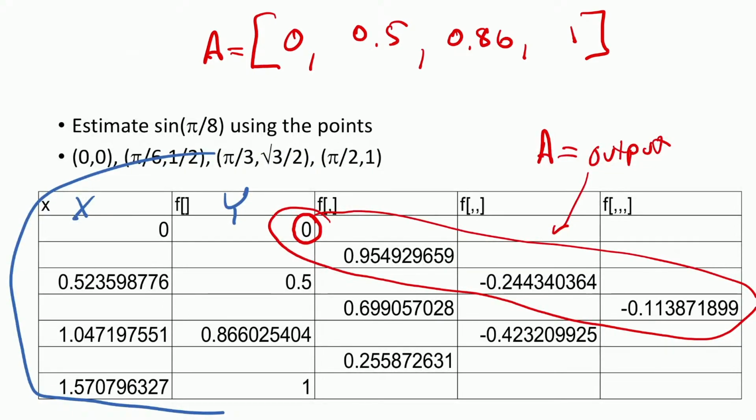And then after the first round of computations, A is going to look like this: I'm going to get rid of these, and in place I'm going to put 0.95, 0.699, and 0.26, whatever. That'll be the most efficient, because I don't need these numbers anymore to compute these.